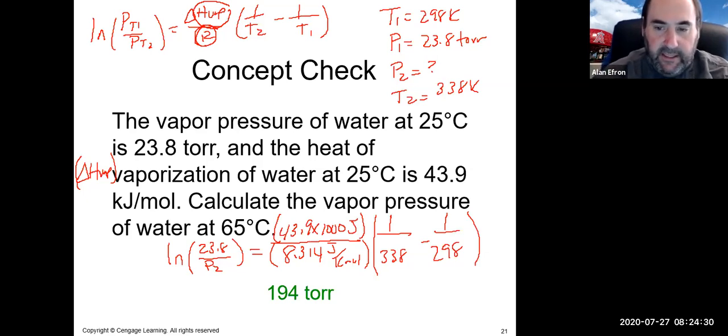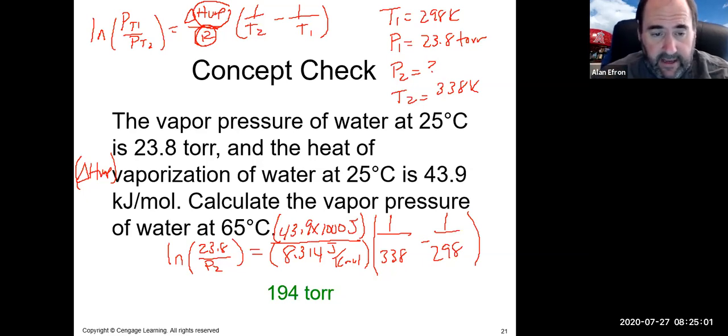So let's do some cleaning up of our right-hand side. We're going to take 1 divided by 338 minus 1 divided by 298, multiply that by 43.9 times 1,000, and then divide it by 8.314.